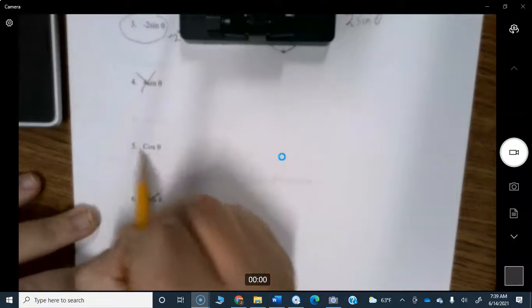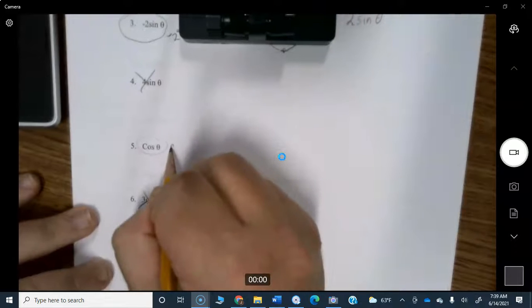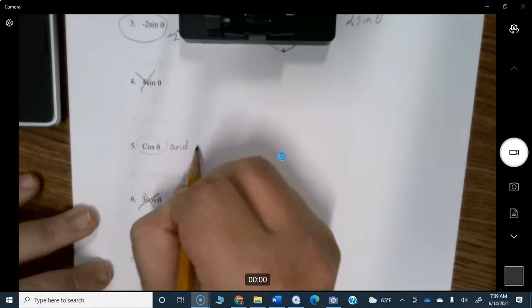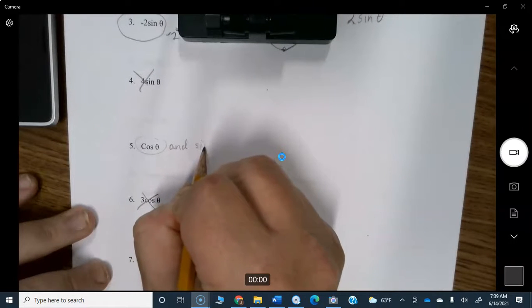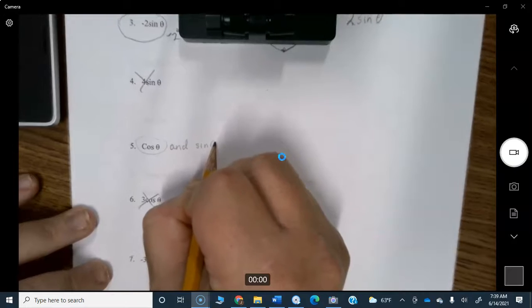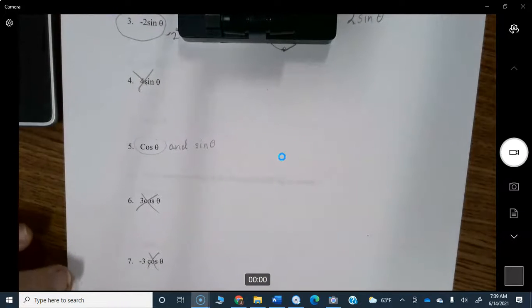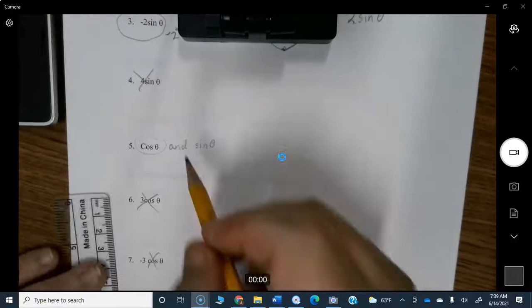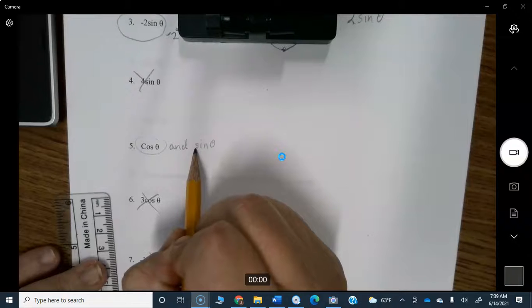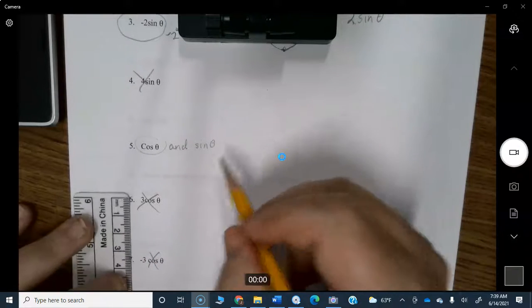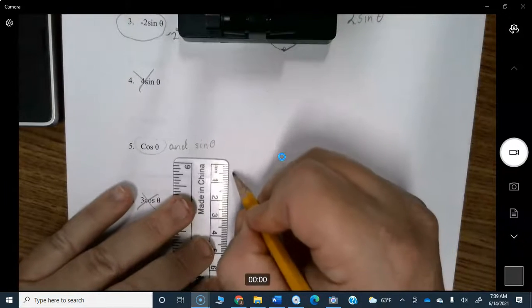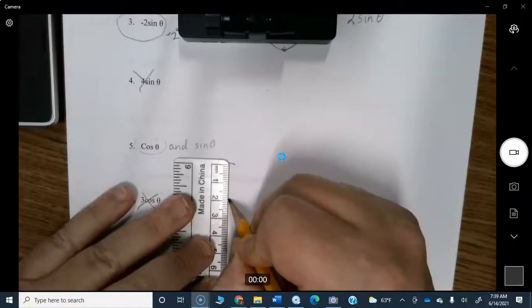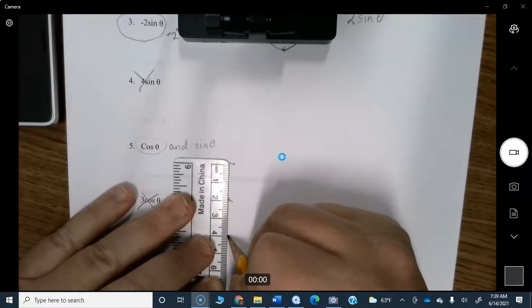What we're going to compare now is cosine of theta and sine of theta. So we've already done sine of theta, but we're going to do them both on the same graph and see what they look like. We're going to leave the coefficients as 1, so that means the height of these is going to be just 1. So let me go ahead and draw my graph here the same way I did before.